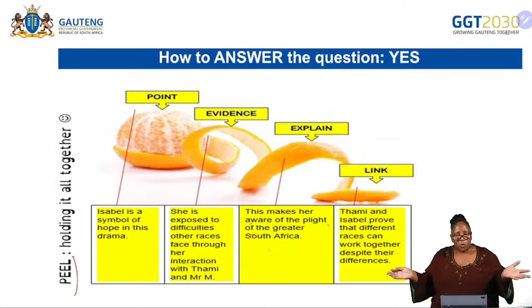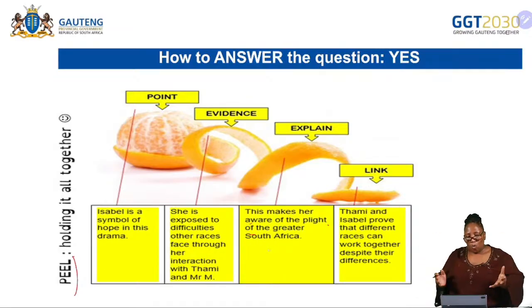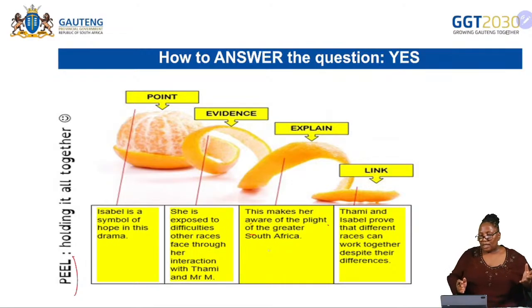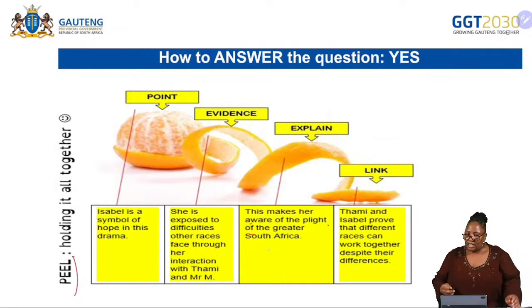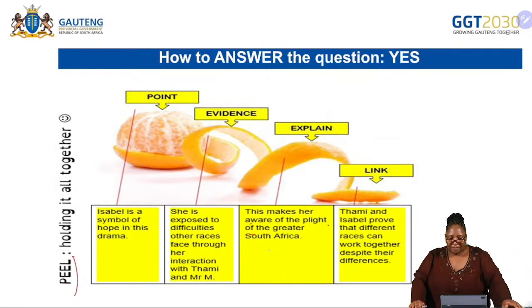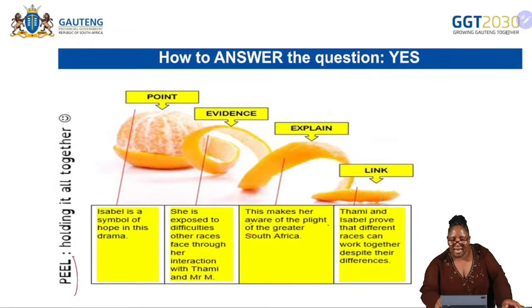Her worldview is extended. She now becomes the hope in the drama through her interaction with the two gentlemen. How do we link it back? Thami and Isabel prove that different races can work together despite their differences.